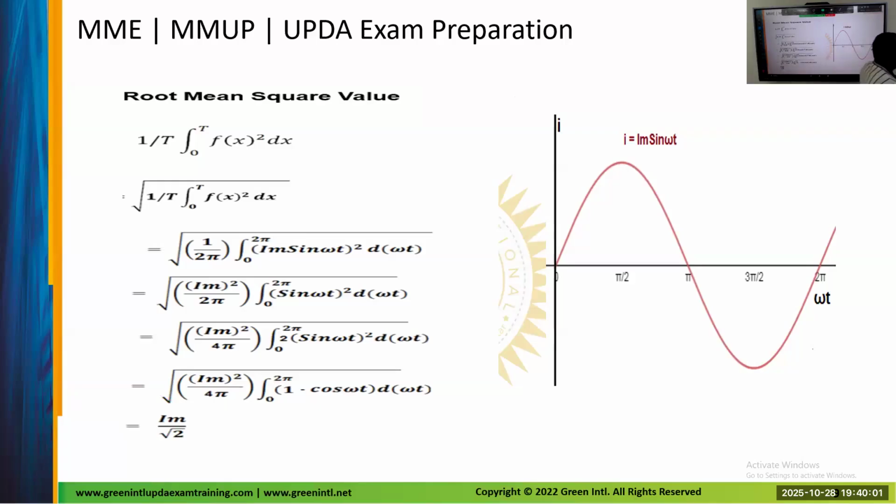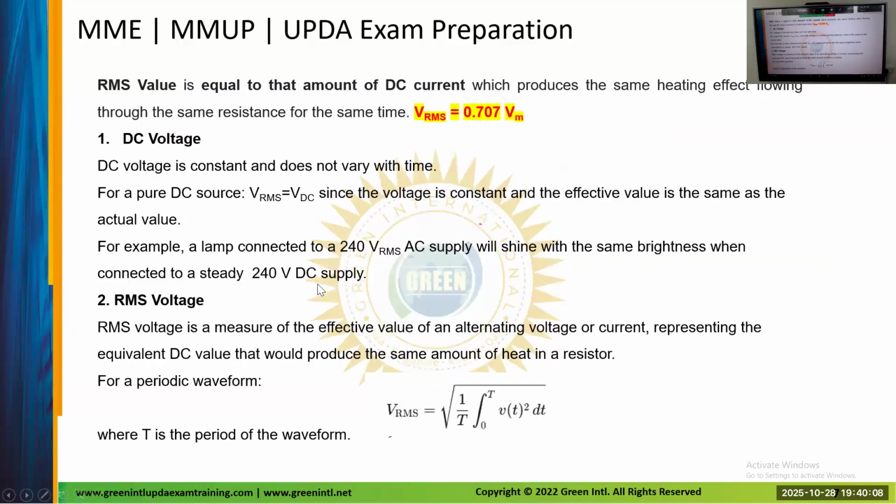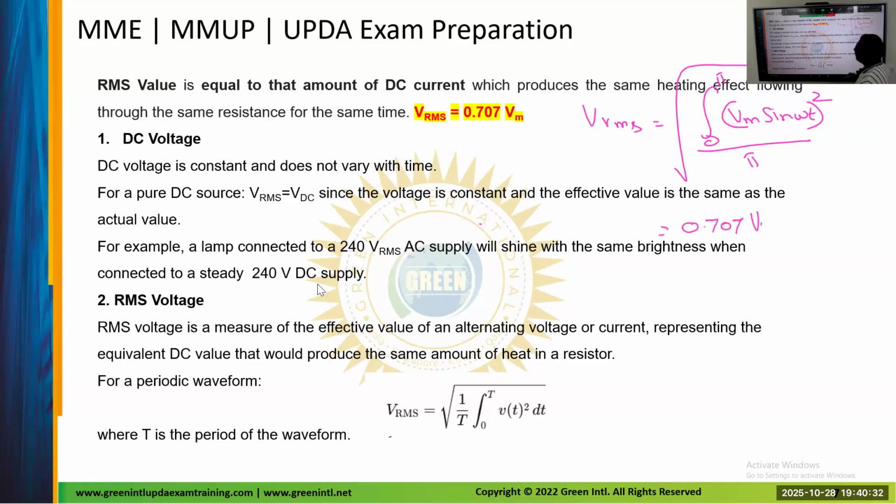So VRMS, which is equal to this equation, gives 0.707 Vm.